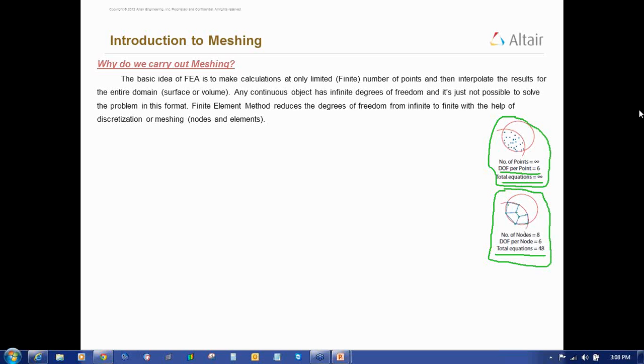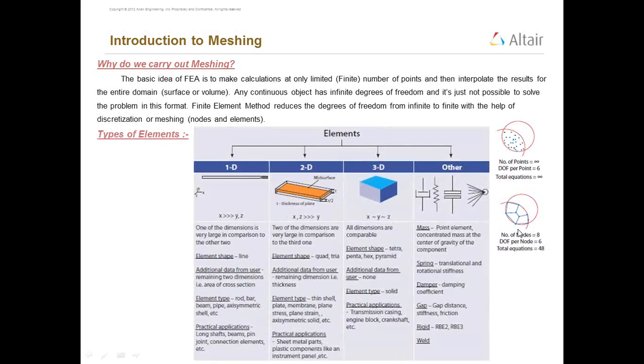That is quite possible to solve. So that is why it is required to do FEA. The number of nodes is not restricted to 8. It may be 10, it may be 4, but it's just an example.